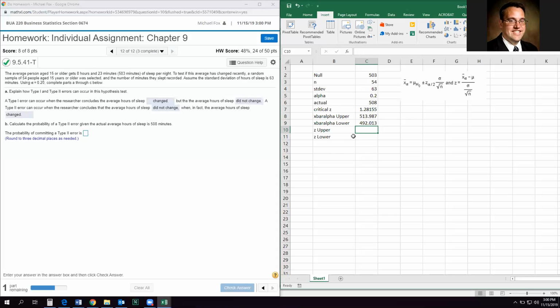So this is going to equal our X bar alpha, I'm doing for upper, so our X bar alpha upper minus our actual, that's what this little symbol stands for, our actual, divided by standard deviation divided by the square root of n.